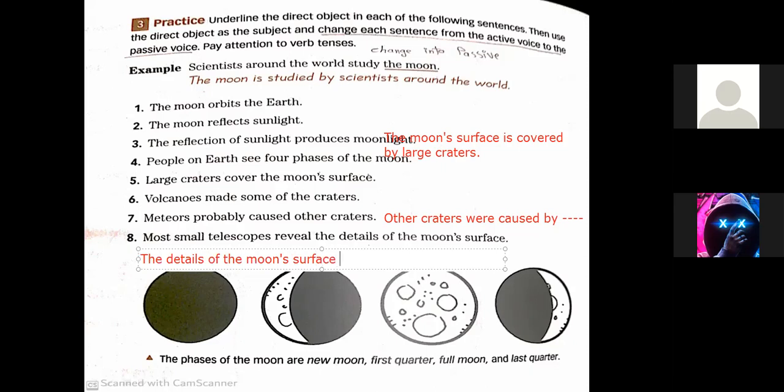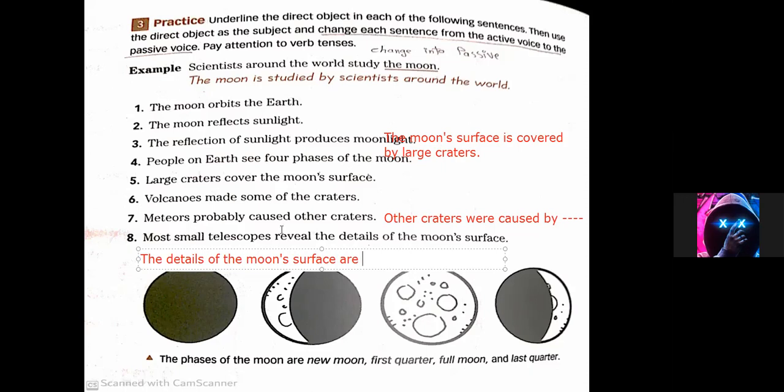Where's the verb? We have reveal. It will be revealed by most small telescopes. Telescopes, okay?